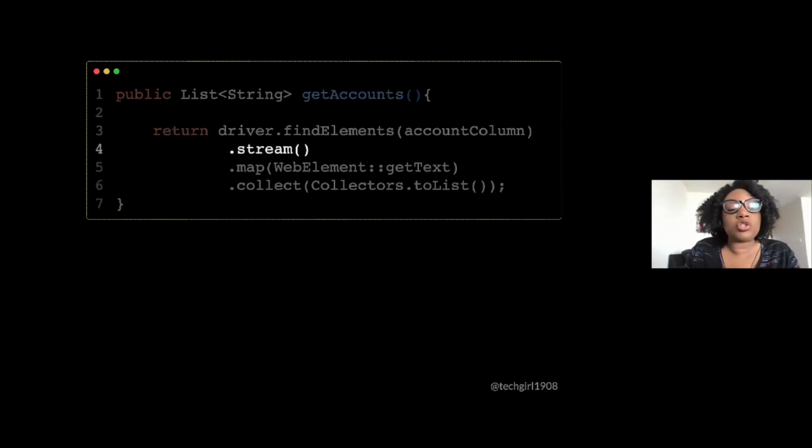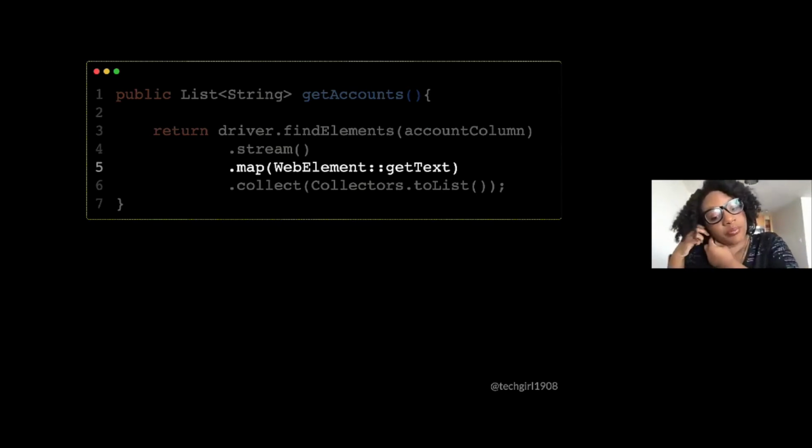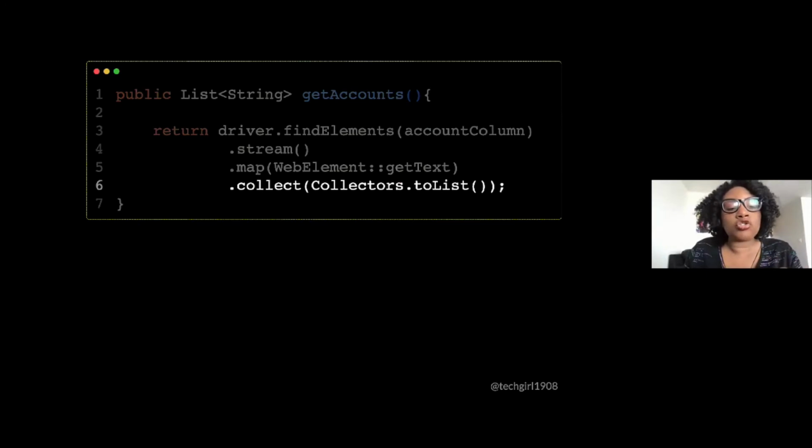Instead, we turn them into a stream from which we can do some cool functional programming. So this map function will take those web elements and map them into whatever is passed into this call. So here we're saying get the text from the web elements and then store them into a list, which we return.